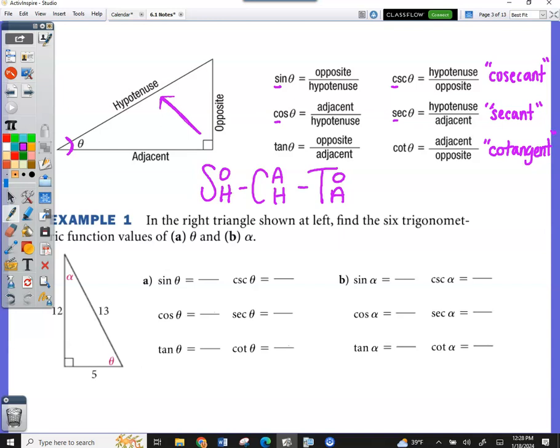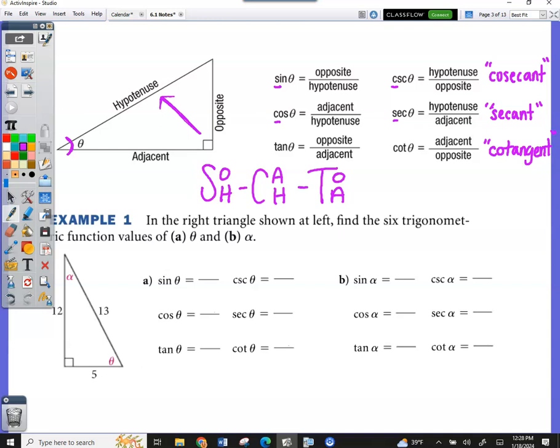Okay, so let's just practice. Very simple, dipping your toe in the shallow end. We are just writing the trig ratio, which means you're getting the fraction based on the function it's telling you and the angle it's telling you. In the right triangle shown below, find the 6 trig values from theta and from alpha.